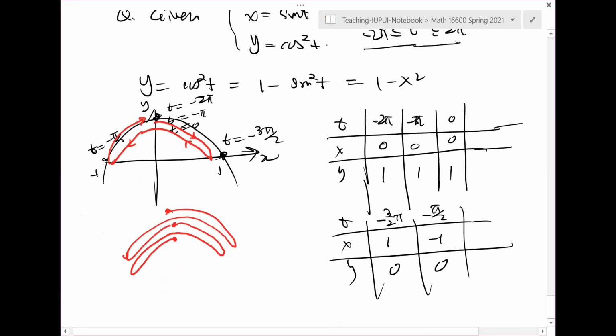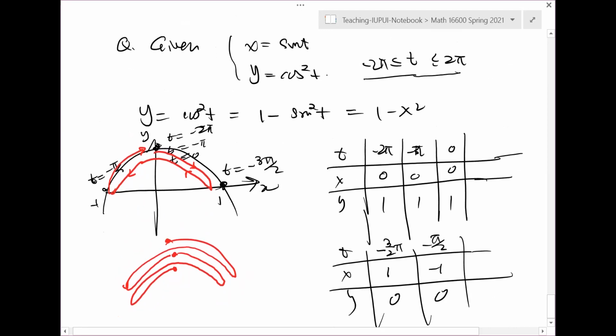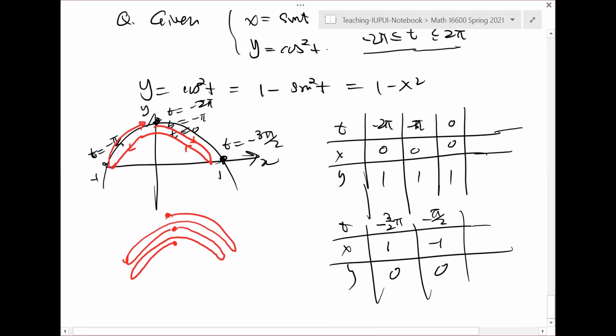Without the graph, the equation we have is y equals 1 minus x squared. I think these 5 points are not enough, right? You still have to choose more values of t to calculate x and y, and then you have more points.